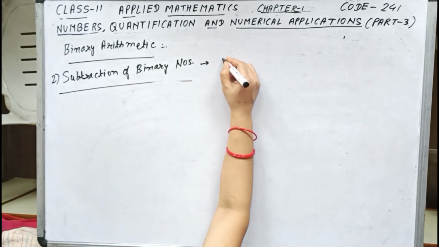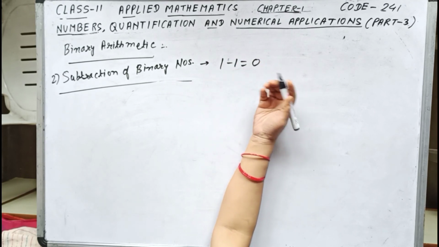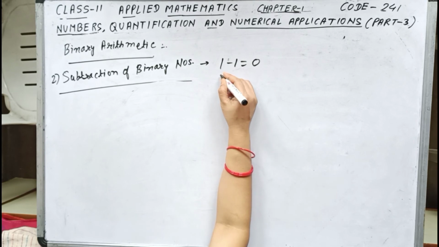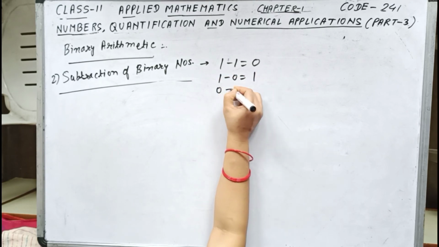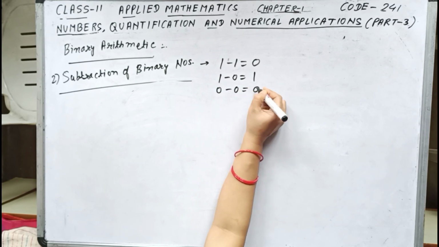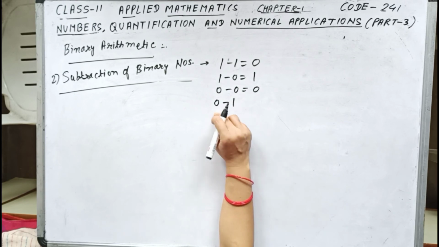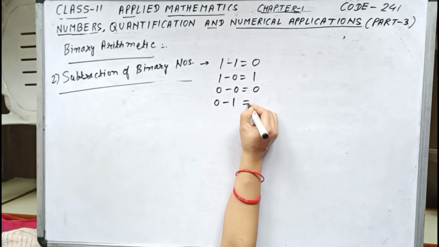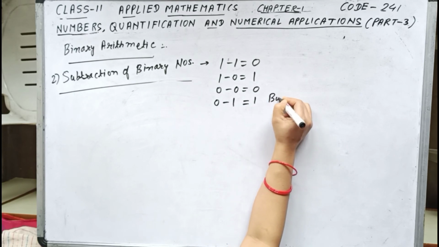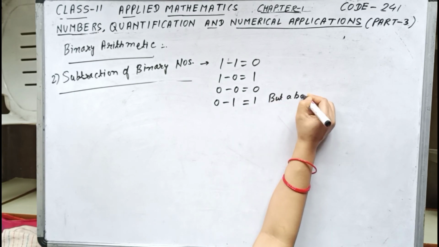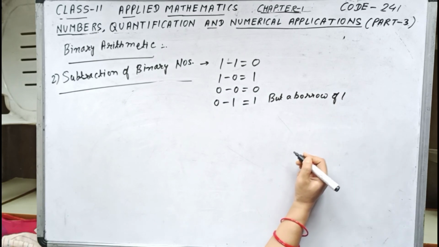So in binary numbers we will be writing 1 minus 1 as 0. It's obvious, same as in decimal. Then 1 minus 0 as 1, 0 minus 0 as 0 only, and 0 minus 1, see over here, smaller minus bigger, will be equal to 1, but with a borrow of 1.